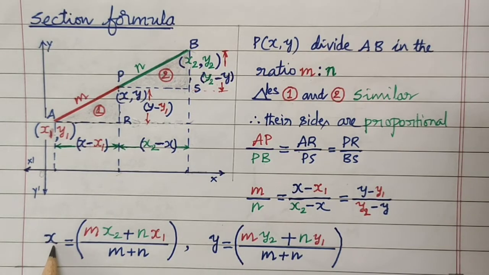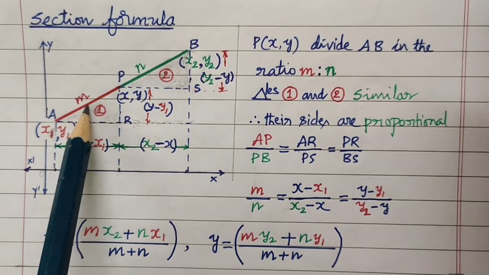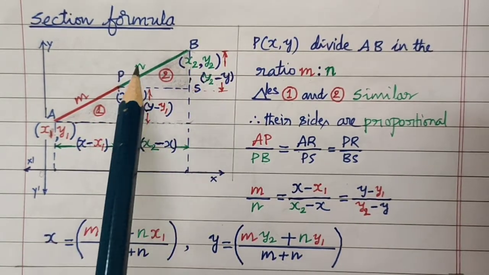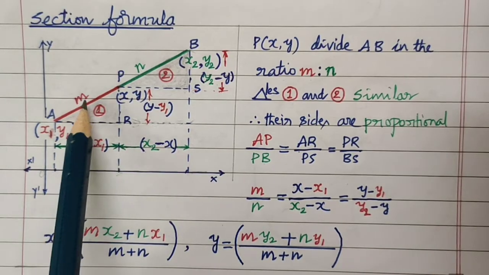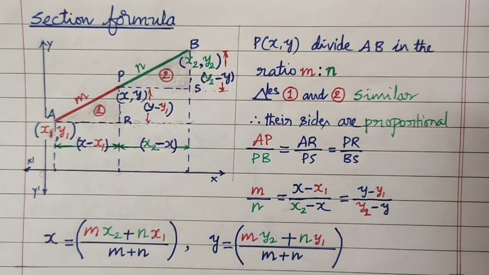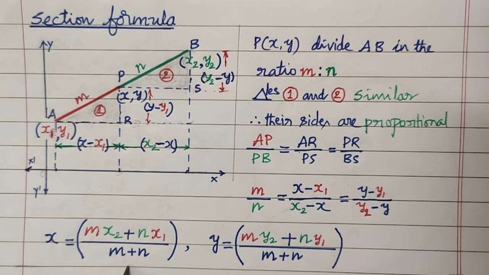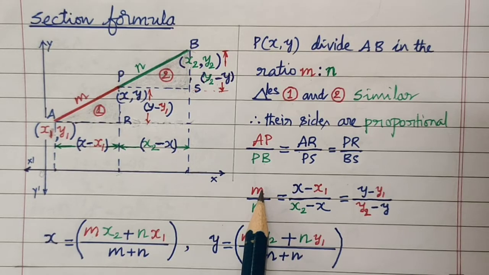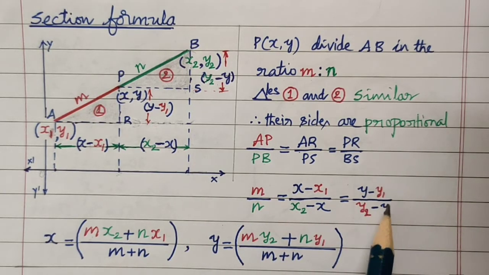To find x, we have m and n in the numerator and m plus n in the denominator: m into x2 plus n into x1 divided by m plus n for the value of x. Then we equate m by n equals y minus y1 divided by y2 minus y.